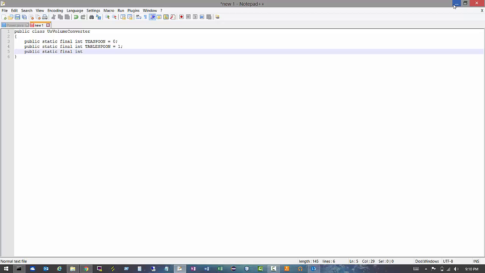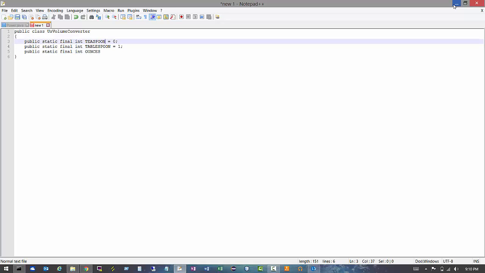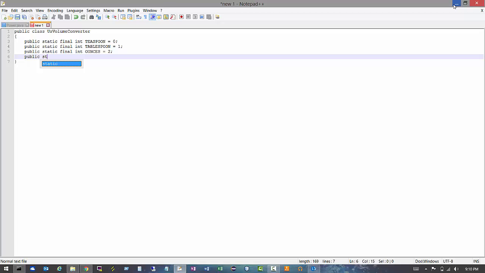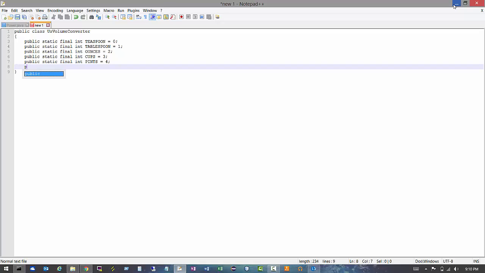That leads us to ounces. Oops, teaspoon, tablespoon, ounces is 2. Public static final int cups is 3. Public static final int pints is 4.